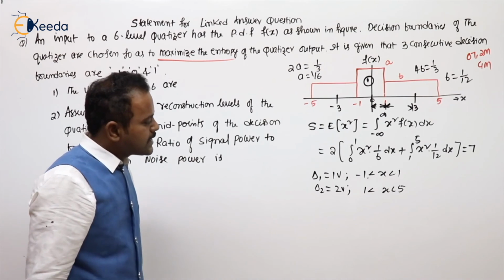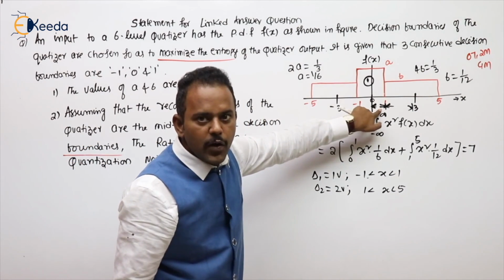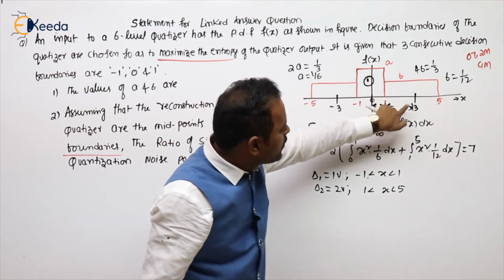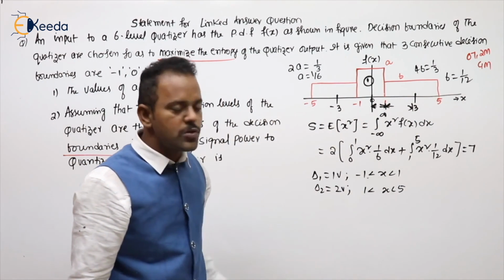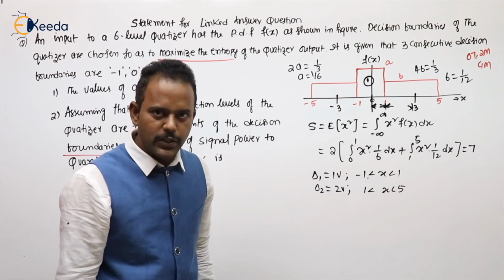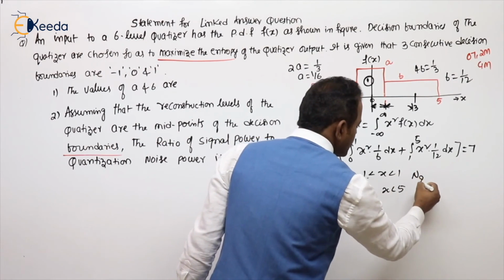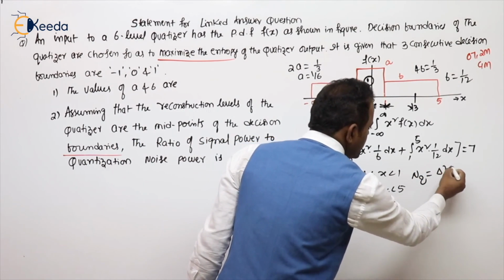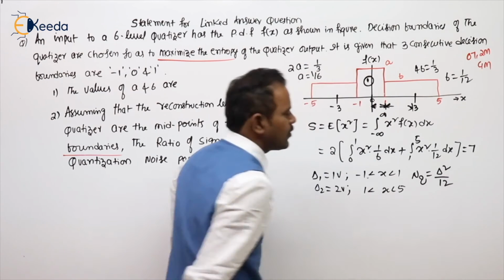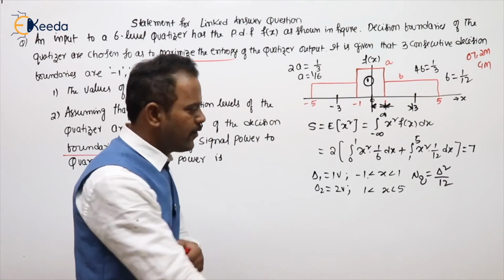Now let's see the probability of this region. We already know 1 by 3. Whatever the probability of these two regions, the remaining will be 2 by 3. Are you getting my point? So what is the noise power? Quantization noise power is delta square by 12. But the two are not equiprobable, they are differently probable.